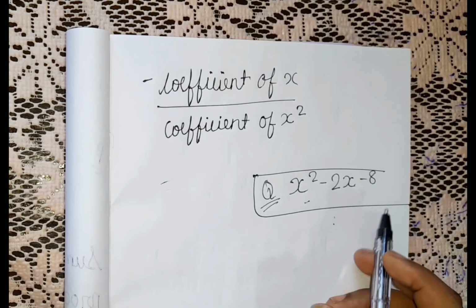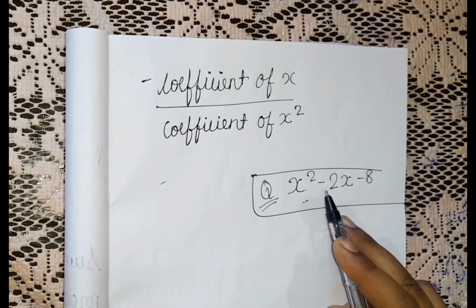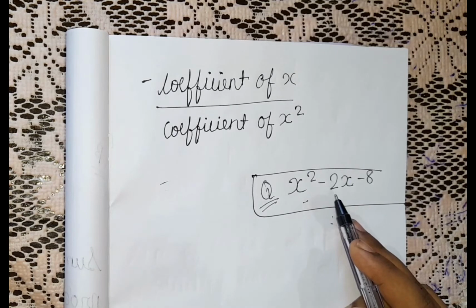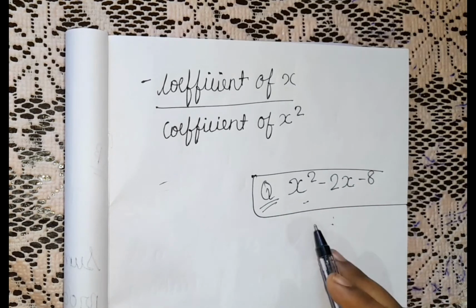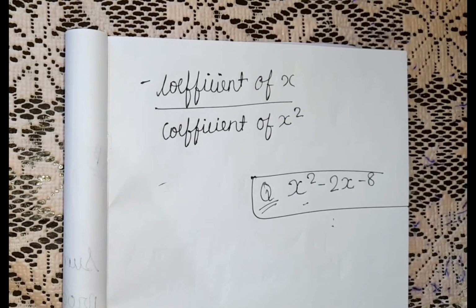For example, here we have minus 2 as a number. 2 is a number, and of course we should write the sign also. So here minus 2 is its coefficient. Likewise, if they ask the coefficient of x cube or x4, for that particular term whatever numbers are there, we should write those.